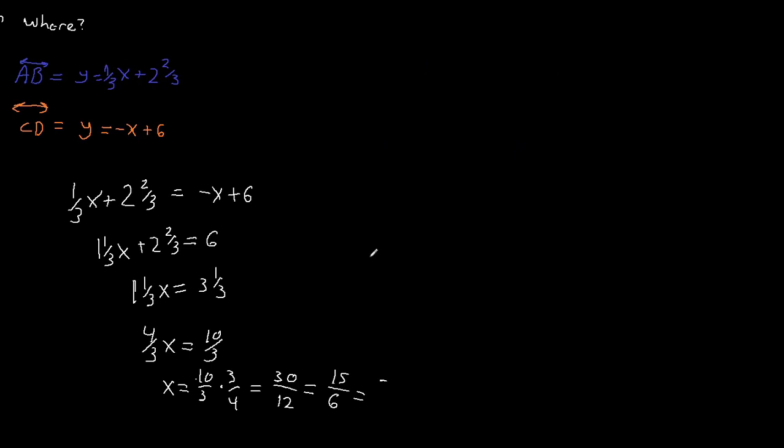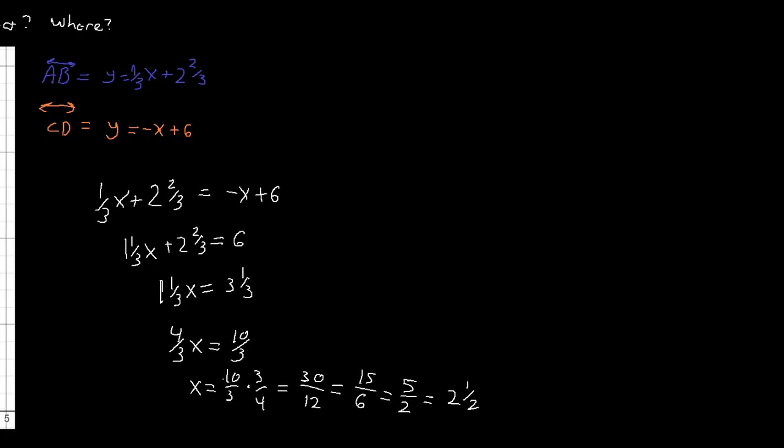We can divide everything through by 3: divide the top by 3, you get 5, and divide the bottom by 3, you get 2. If we turn this back into a mixed fraction, this is going to be equal to 2.5. So we know the x coordinate is going to be 2.5. Let's go ahead and label this really quick: this 2.5 right here is the x coordinate.